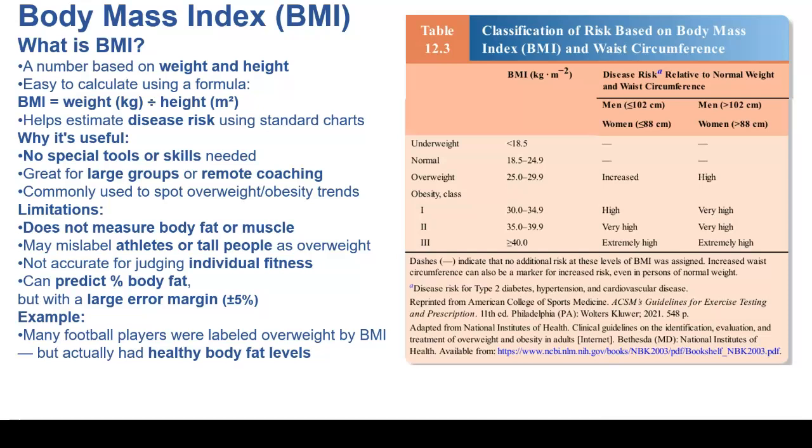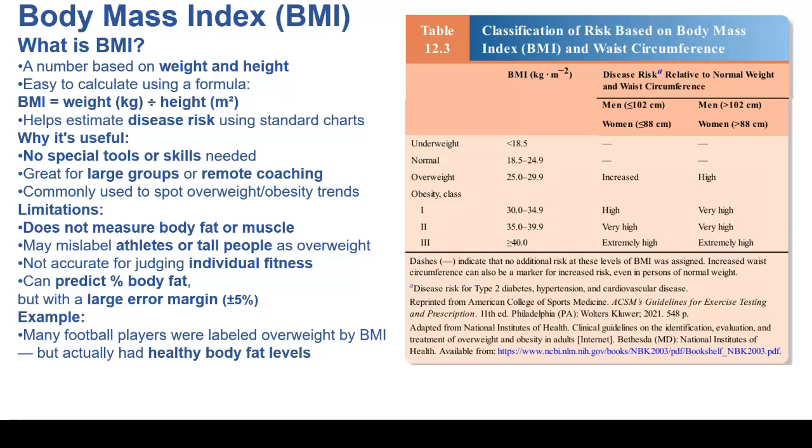there's another limitation or disadvantage. It doesn't tell you the difference between fat and muscle. That's one. Some athletes or tall people may get a high body mass index even if they are very healthy, and it doesn't give you a true picture of your body fat or muscle mass.